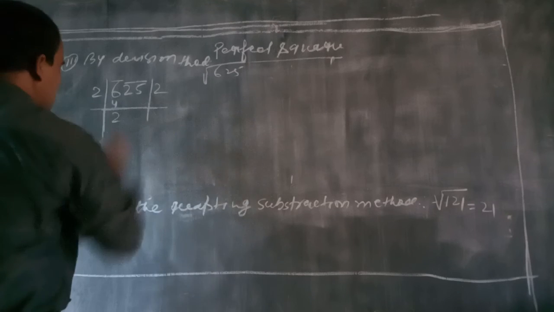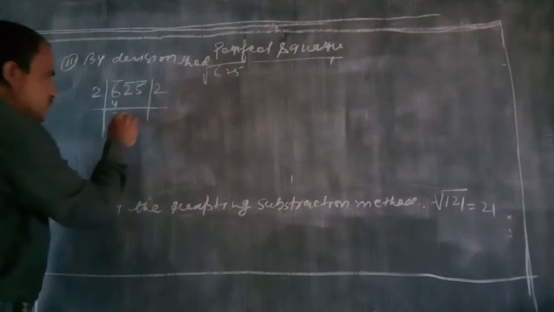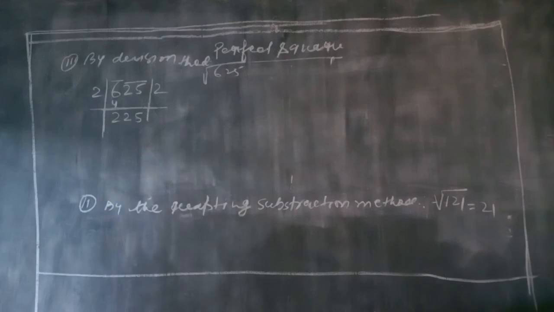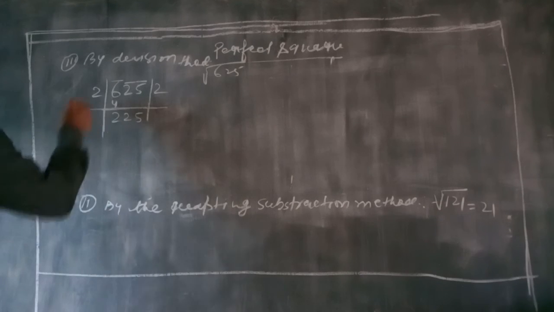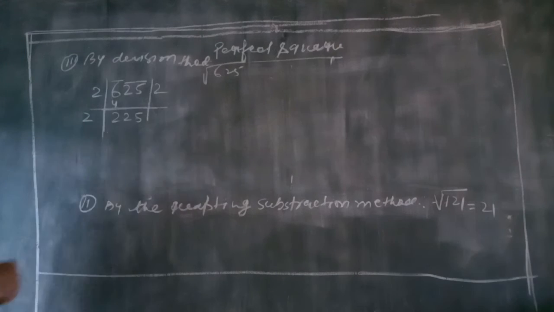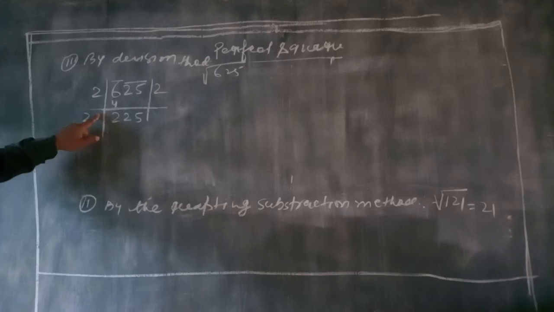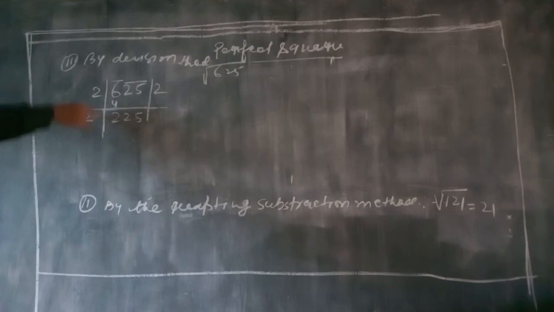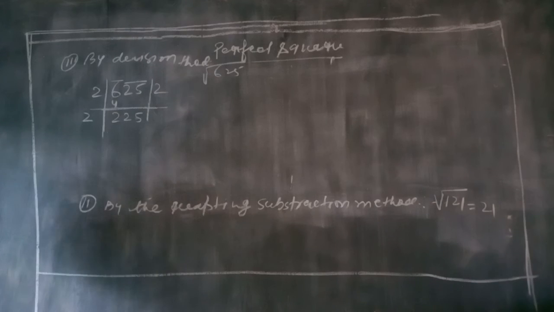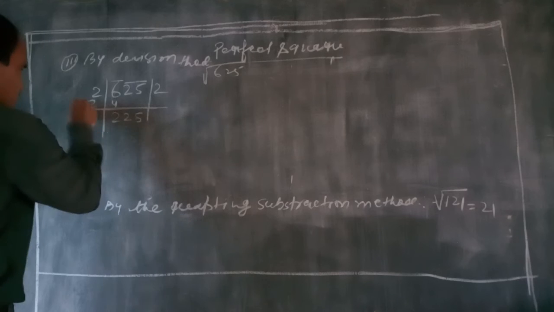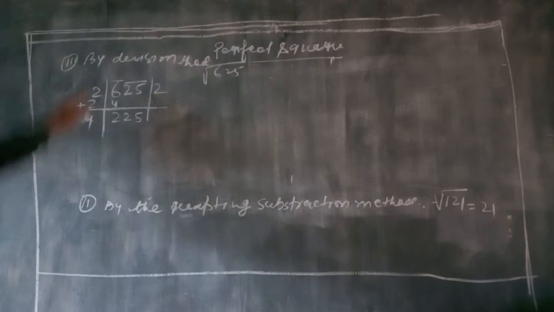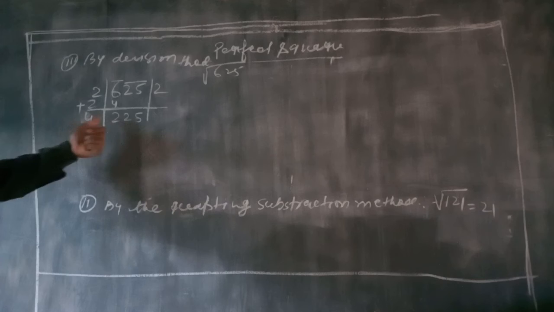Now bring down the next pair, 25, so it becomes 225. Then double the divisor: here we add 2 and 2, which gives 4. Now you have to put a number next to it, such that multiplying it by this gives this number or less.